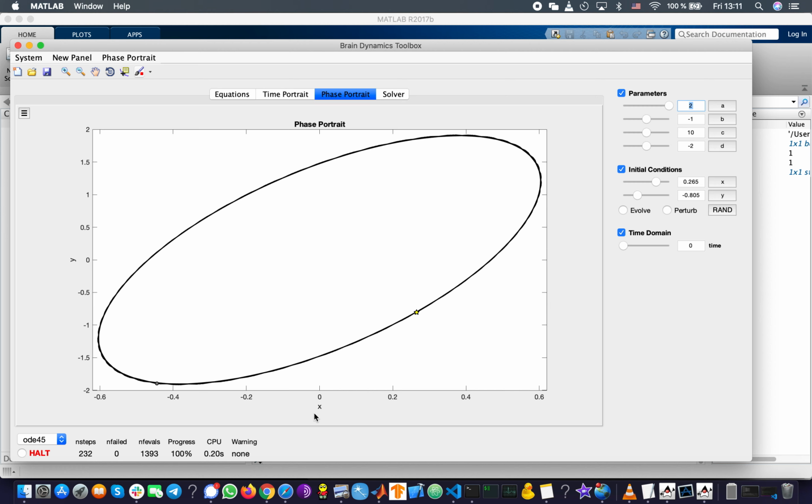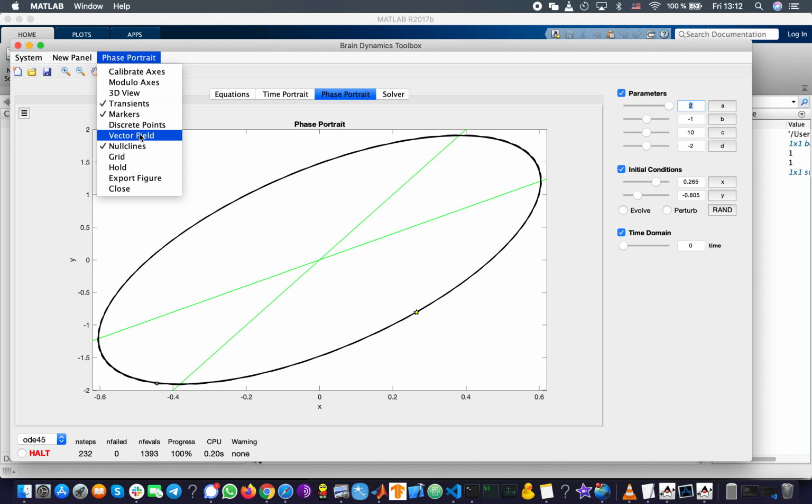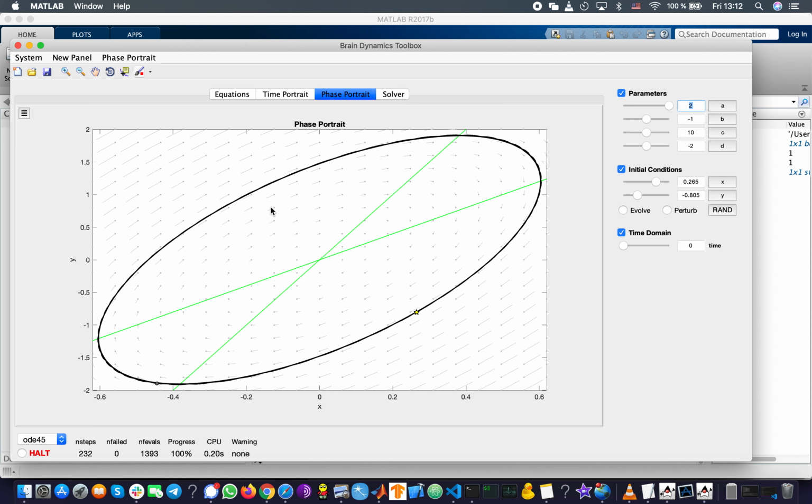This is y with respect to x, and these are the nullclines of it. You can just put x dot and y dot equal to 0 and find them. And these are the vector fields, and you see that if the state of the system is here, it is just oscillating and oscillating and oscillating.